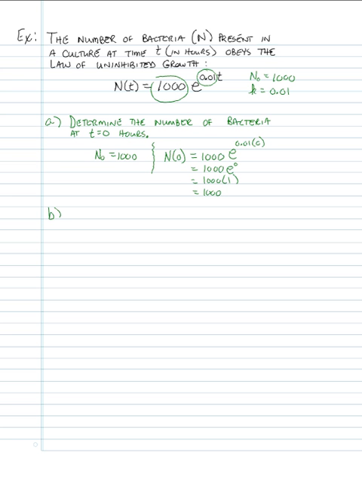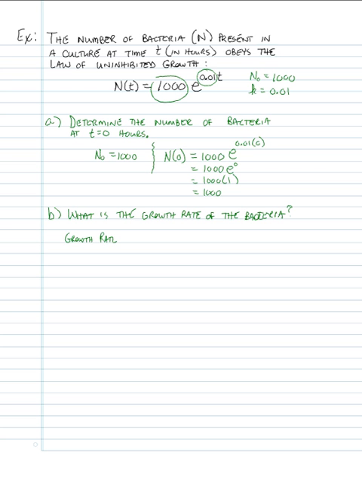In part B, what is the growth rate of the bacteria? Now, if you remember on the previous page, we said growth or decay, but this is a growth model.